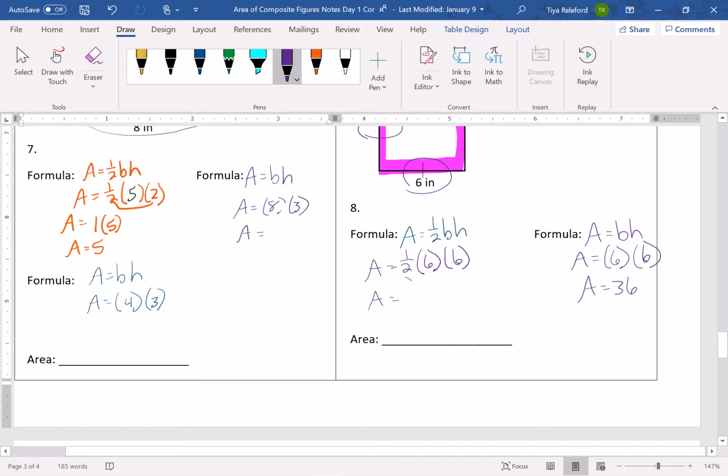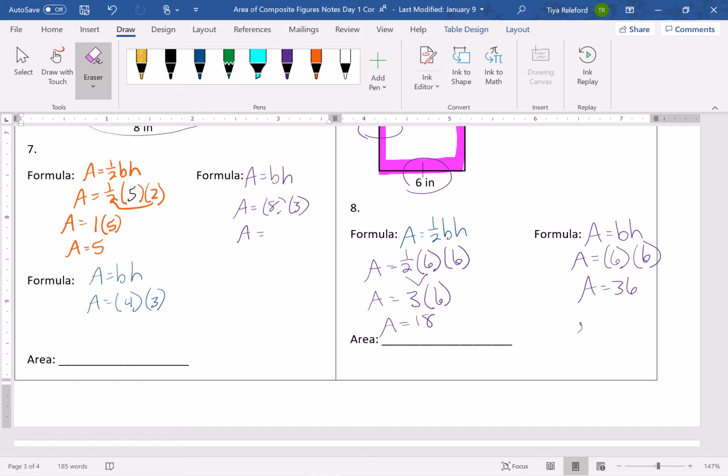And remember, you can multiply anything by 1/2. You're just dividing by 2. So now it's 3 times 6. And then you're going to add them together.